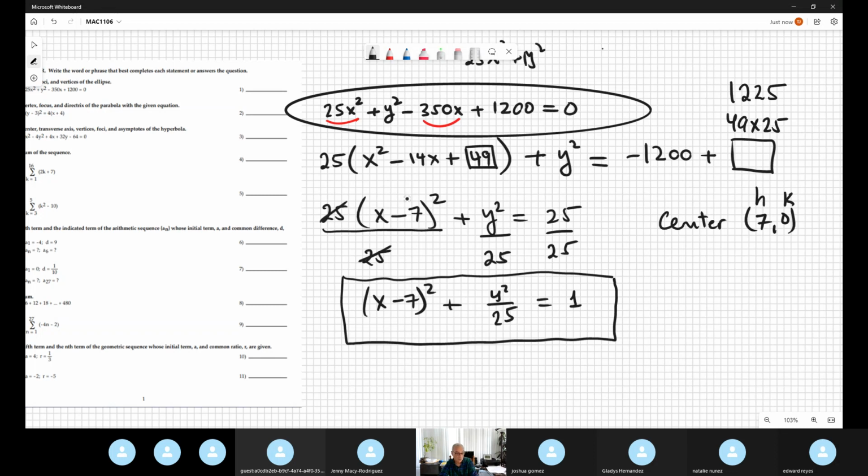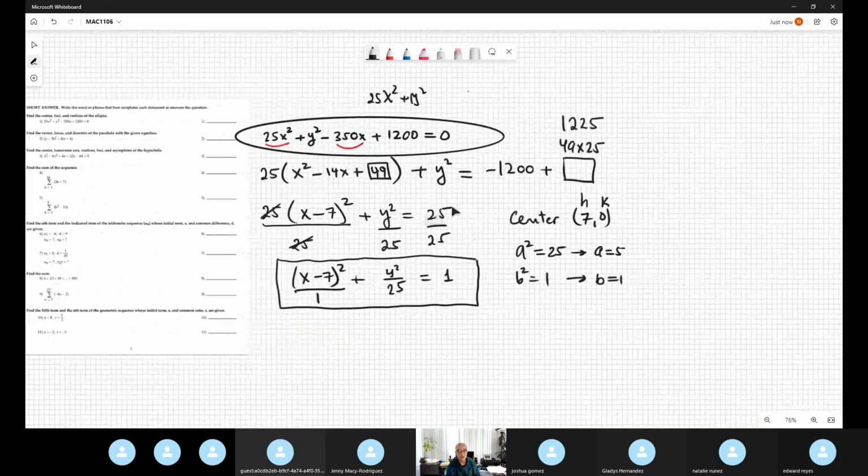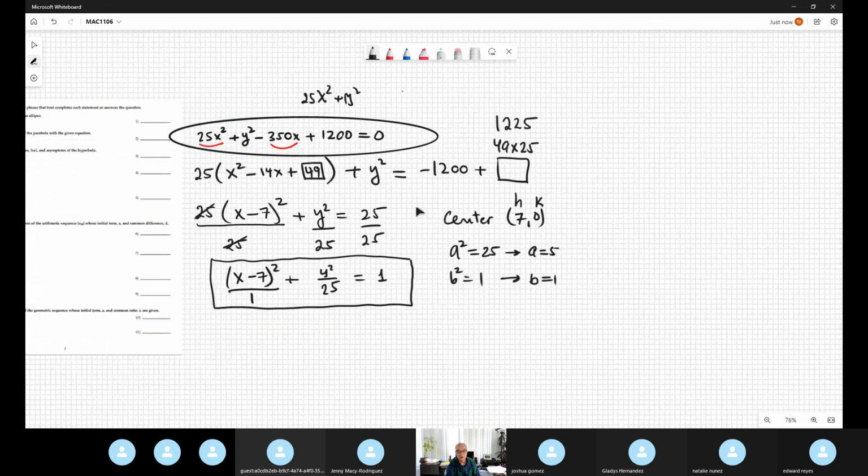This is the center. Now I also know that a squared is 25, the bigger one, therefore a is 5. And b squared is obviously 1, because we have an invisible 1 here. Then b is 1, the square root of 1.